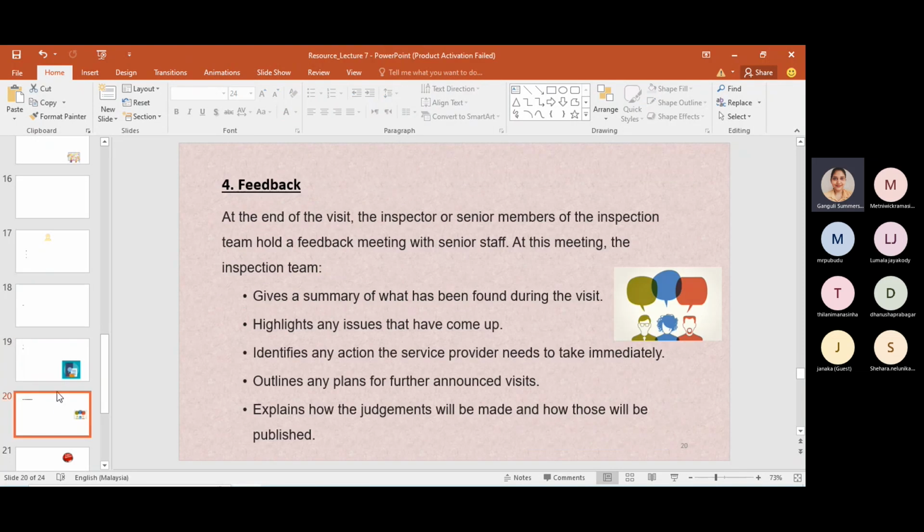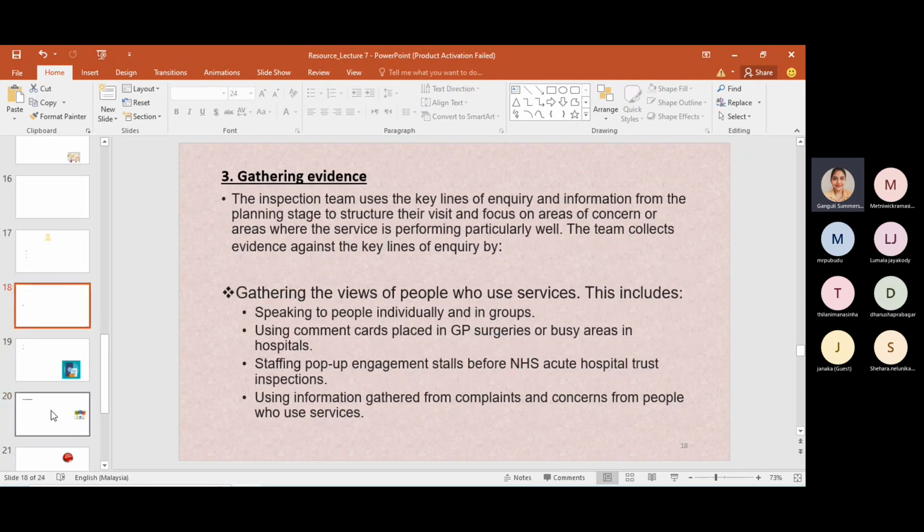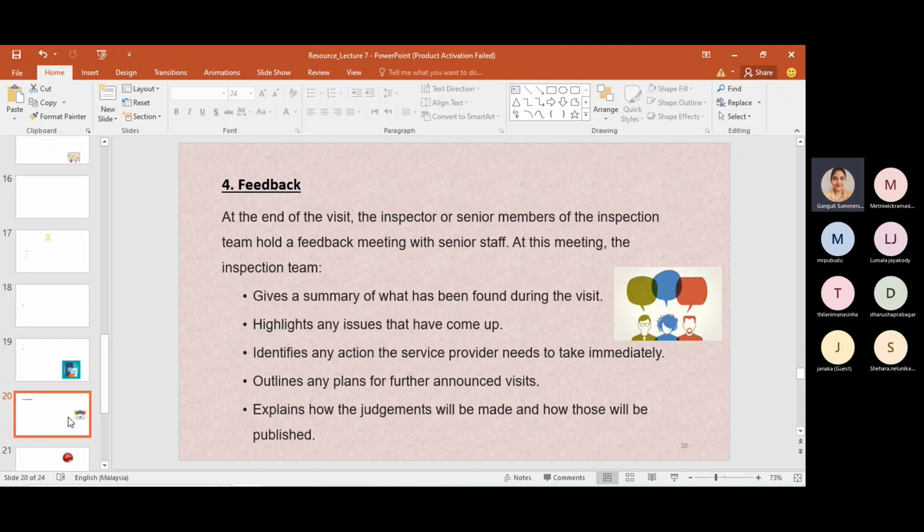Okay, so gathering evidence is the third stage. Once this stage is completed, the CQC inspection team proceeds to the next stage, which is feedback. This is the last stage of the inspection process.